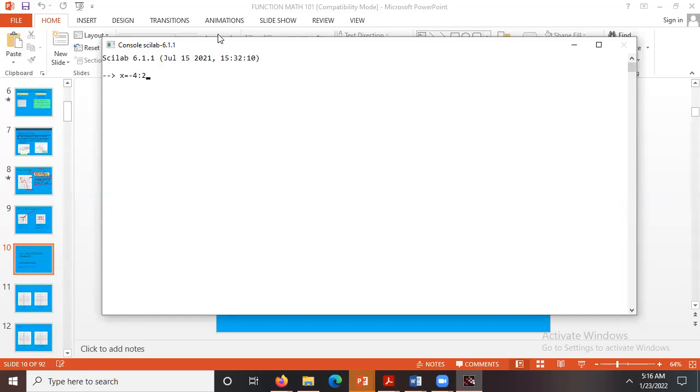Yes, sir. Good. So I've defined the domain. Look at the interval of values it's giving me: -4, -3, -2, -1, 0, 1, 2.